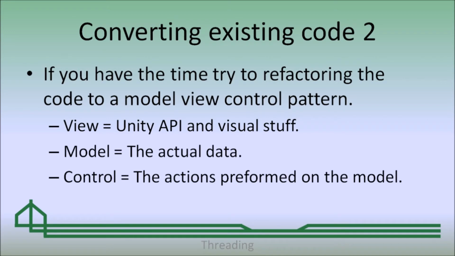And then you have the control, which are the functions which are performed on the model. The view only updates in the standard Unity update function and fetches the data from the model. And this makes it possible to use all the Unity API with the view, and then the model just holds the data and the control works in the threaded realm. So then you have separated everything as it should be.